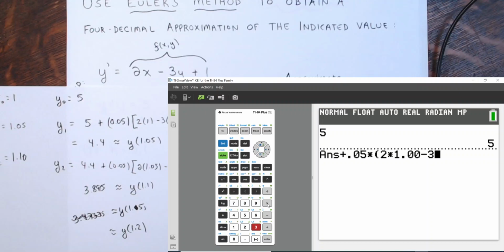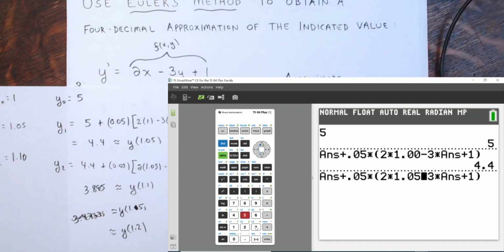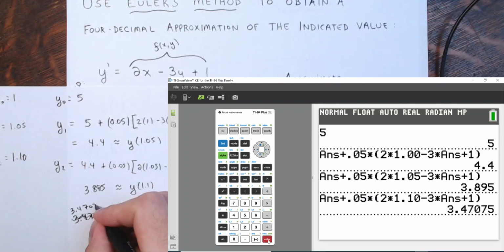Great, the 4.4, re-enter that, change 1.00 to 1.05, re-enter that. Then I'm going to change, this is where I made the mistake last time, I apologize again, 1.05 to 1.10, not 1.15, 1.10. There, so this should be 3.47075 for the approximation of y at 1.15.